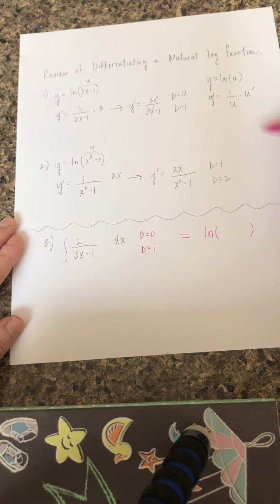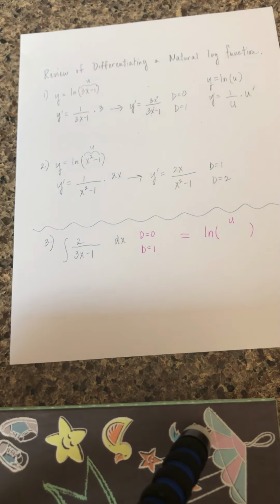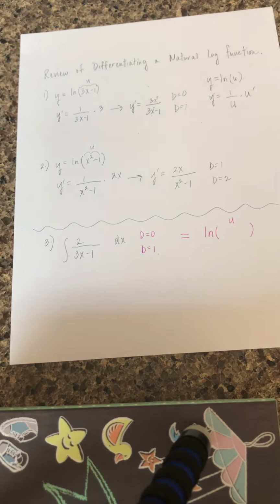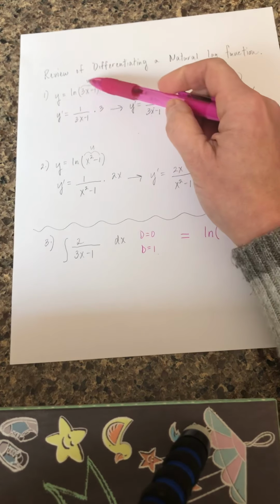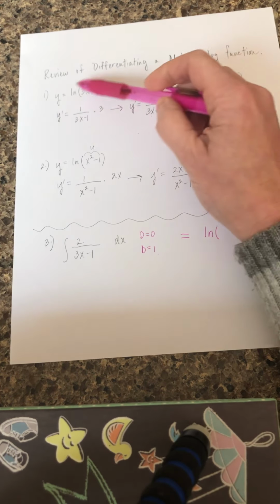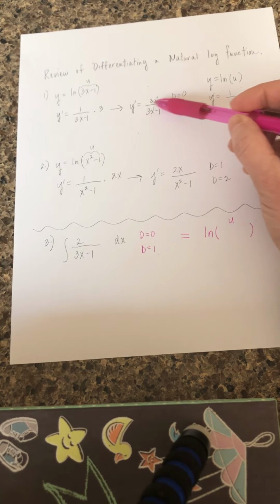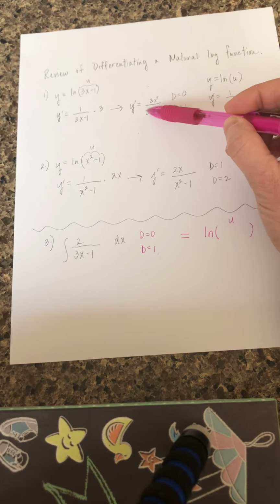Now, if you consider what the original function looks like, it's the ln of the u, right? Now, what's the u value in this case? Well, let's use our previous examples on derivatives to help us see where the u value is. For number one, in the original function, this is where our u value was located. And check it out in the derivative. This is where our u value is located.